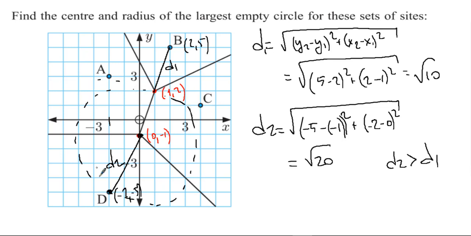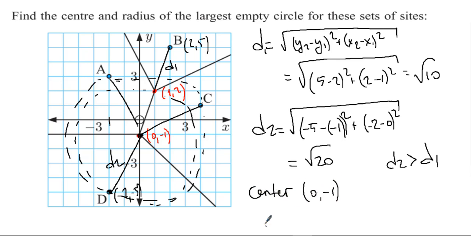They're equidistant, so they're actually the radiuses. So this one will be more appropriate to draw like this, our circle. So the center of our circle is 0 and -1, and the radius is root of 20.